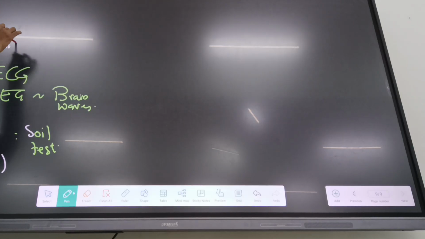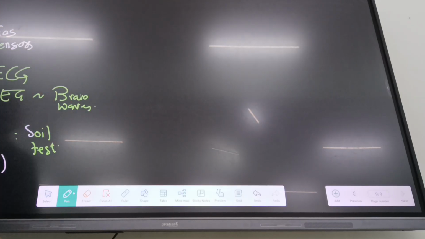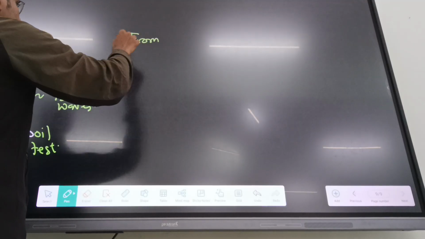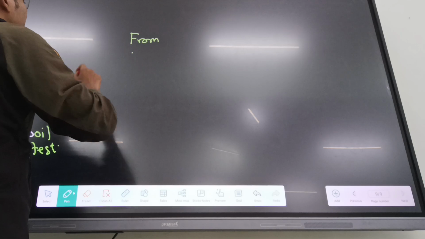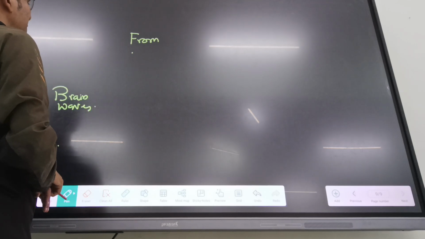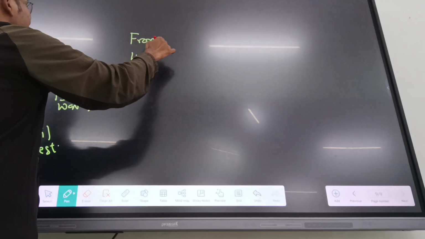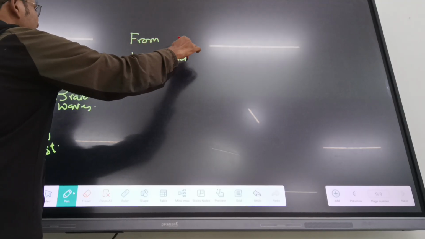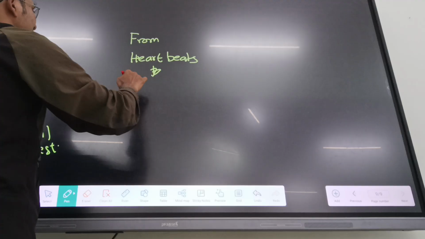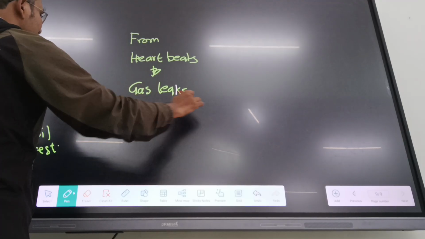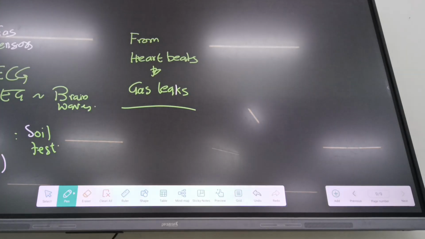So you can say that from heartbeats to gas leaks, you can detect.